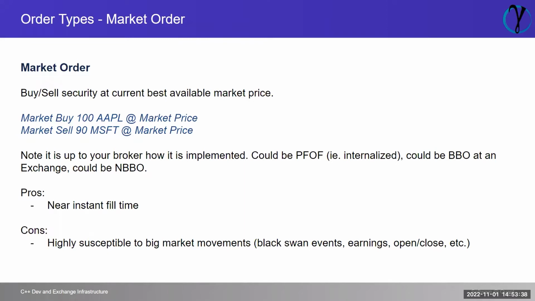But the problem with this is that it's highly susceptible to big market movements. Say in the middle of the day, the Fed does something and it changes one of your stocks, and you place a market order and then it jumps. Now you're buying something that's way more expensive because it jumped up. Same thing with earnings.